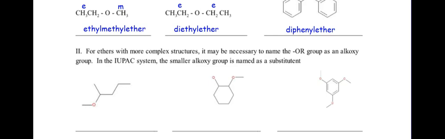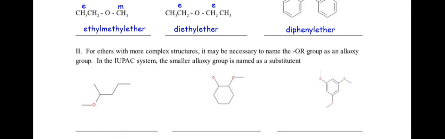In the IUPAC system, the smaller alkyl group is named as a substituent. Notice at first, these are not the same. And what else do you notice? That this oxygen is not on an end carbon, but on a middle carbon. So what I need to do is make this the substituent, as it's smaller. I have one carbon versus 5. I'll show you how to do that.